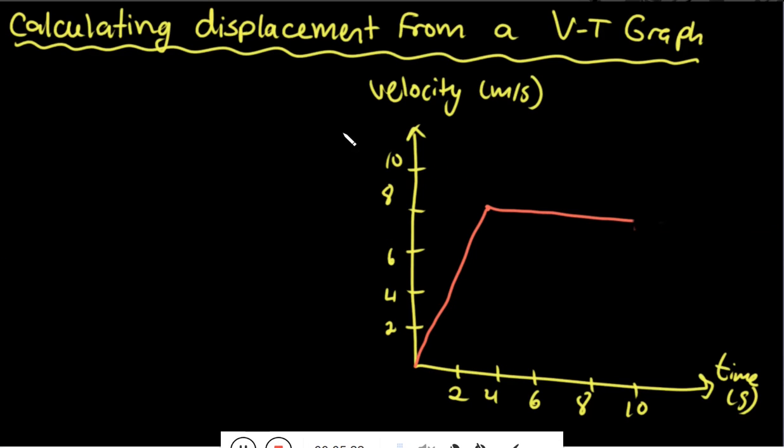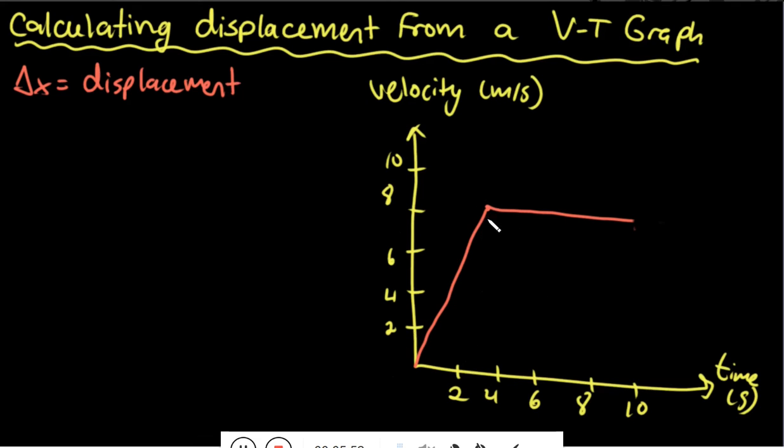Not only can you tell on a velocity time graph the time intervals where you would have constant or changing velocity, but you can also calculate our displacement from a velocity time graph. Remember, displacement is our change in position. The way that we calculate displacement is that we consider the area between the curve and the x-axis.